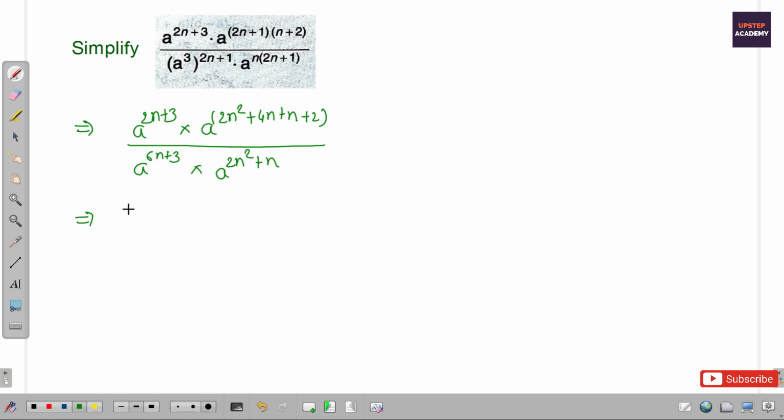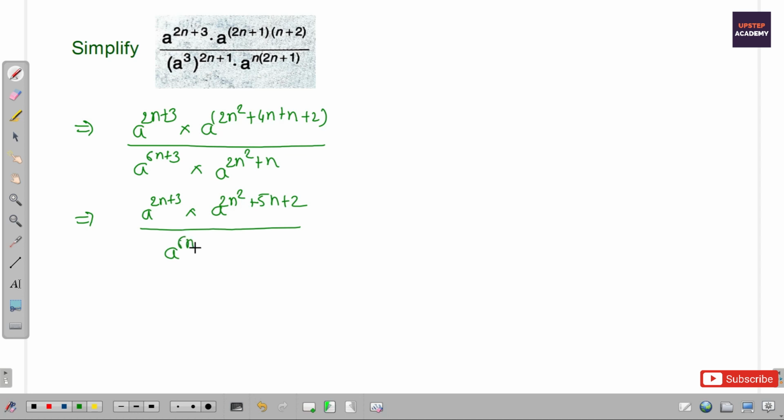In the next step, we can write a to the power twice n plus 3 into, let's simplify this, a to the power twice n square as it is, plus 4n plus n is 5n plus 2 as it is, whole divided by, here you can see in the denominator the base is the same, and we can simply add the powers according to the multiplication rule or product rule, right?